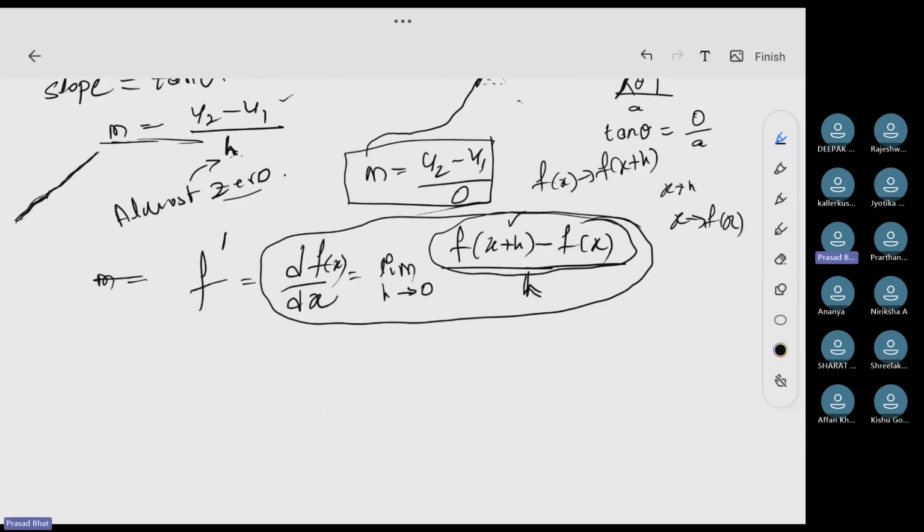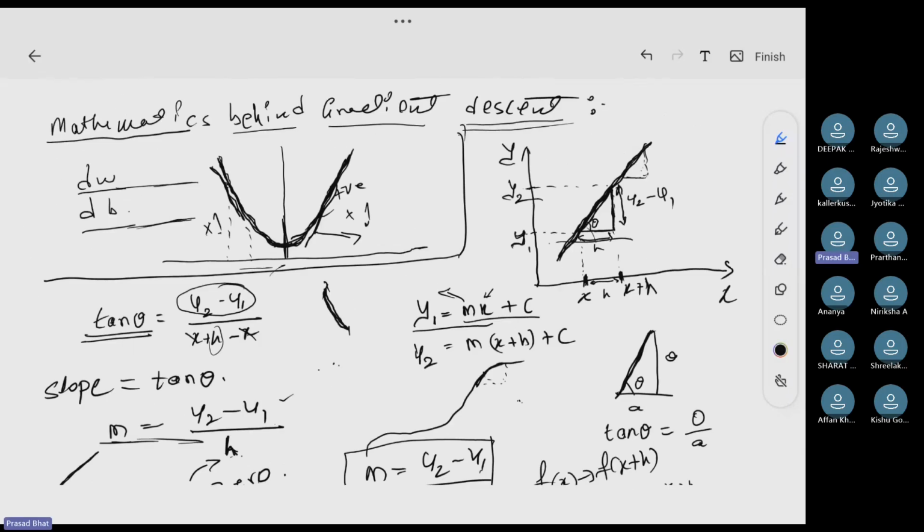Now just look at this MSE curve. At all these points, the slope of the tangent is some value. Here it is negative and here it is positive. That is all fine. But look at this lowest point. Here, if you draw the tangent, it is completely flat, right?